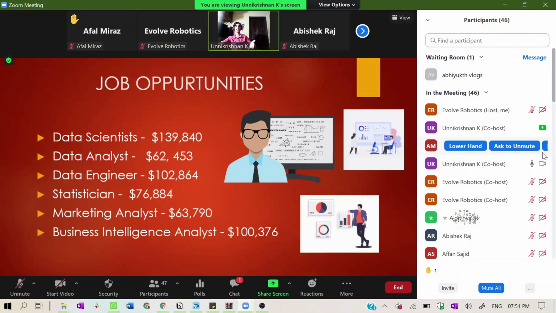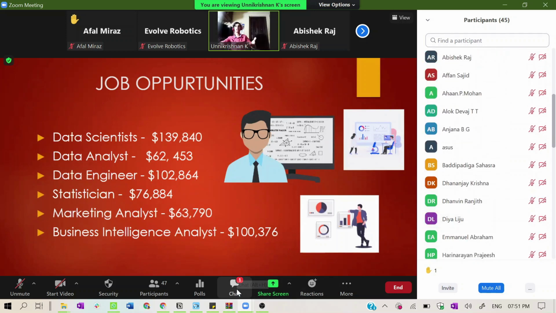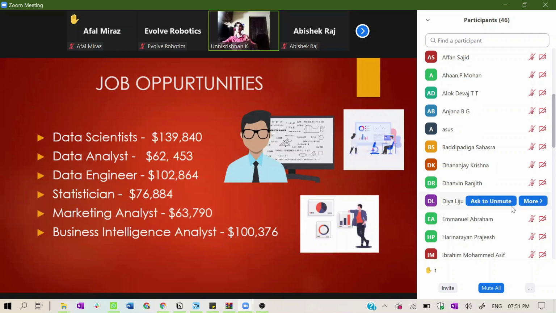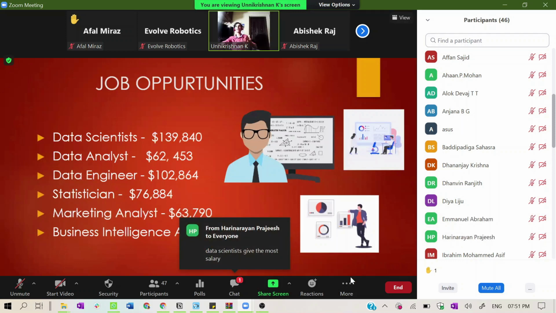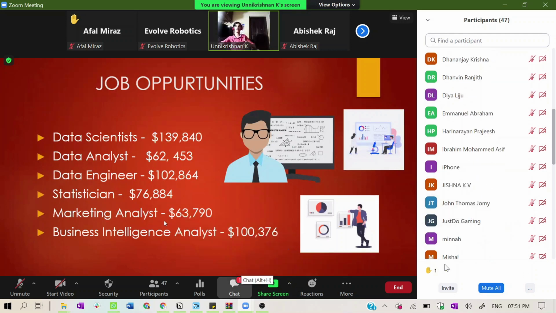So statisticians would be more engaged in mathematics, like finding the mean, median, mode, average, and that will be the main things done by them. And a marketing analyst here will be more concentrating on how to improve the marketing of a company. And similarly, business intelligence analysts are mainly focused on business and art. So these are some of the major job opportunities in data science.